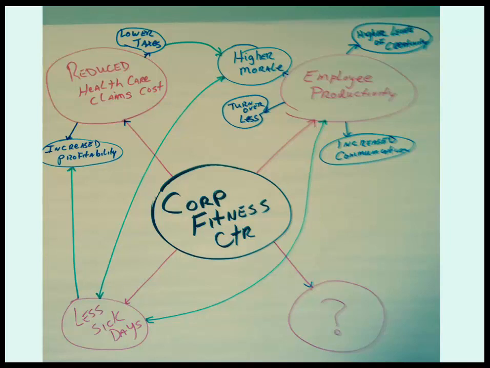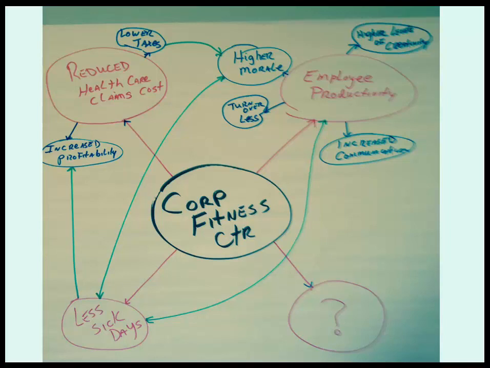Now, I can see with corporate fitness, as I start to write about that, I may look at different causes and effect or these relationships that are between these, and then it says an opportunity for me to say, okay, well, let me write about corporate fitness center first. Then let me have another major heading about employee productivity. And then let me have another subheading, if you will, on all the different items that deal with employee productivity.